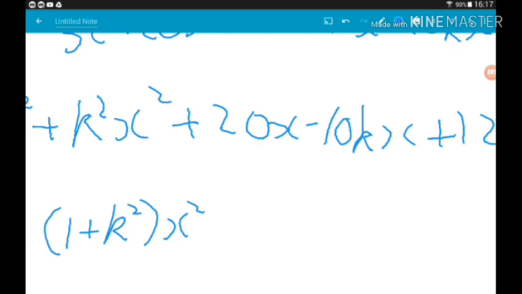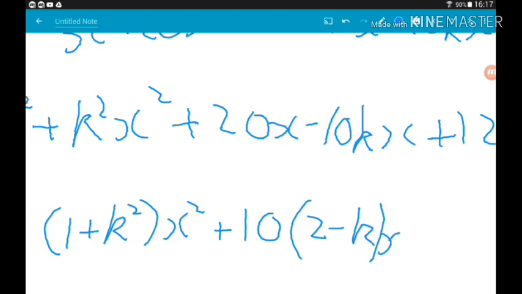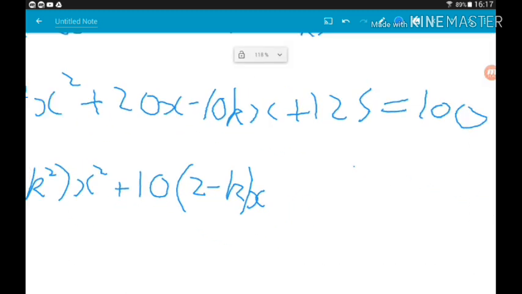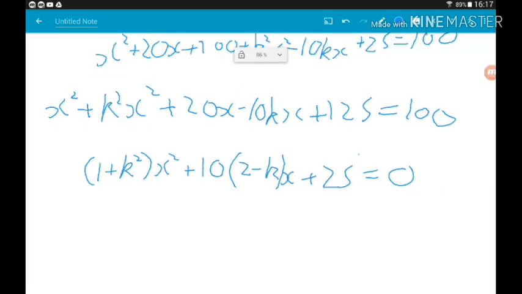So we've got plus 10 lots of, well, we've got 2 minus k, and that's also got an x at the end. And then we can also subtract that 100, which is going to leave us with plus 25, which is equal to 0. So there is the equation that we wanted to show it satisfies.